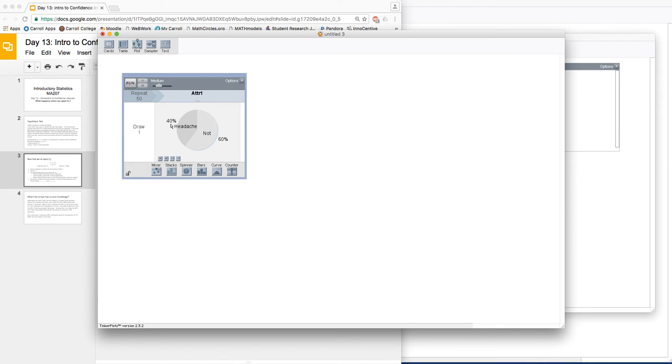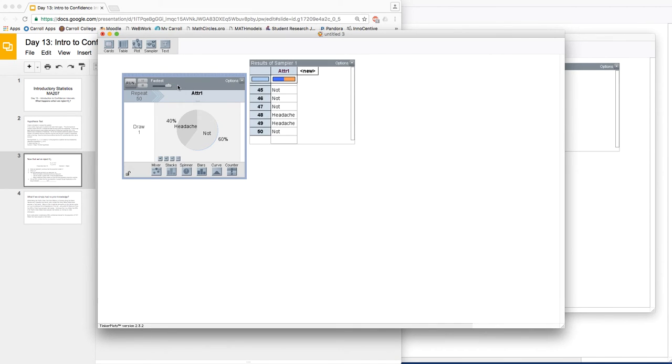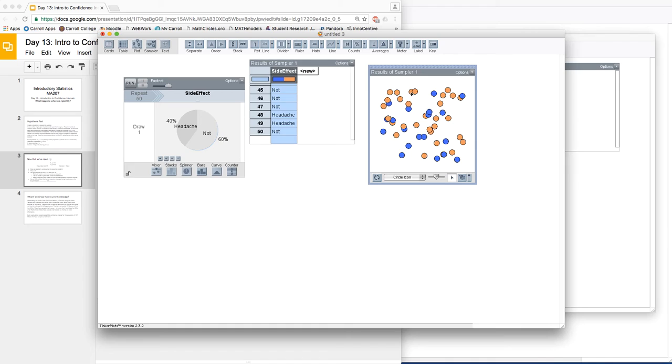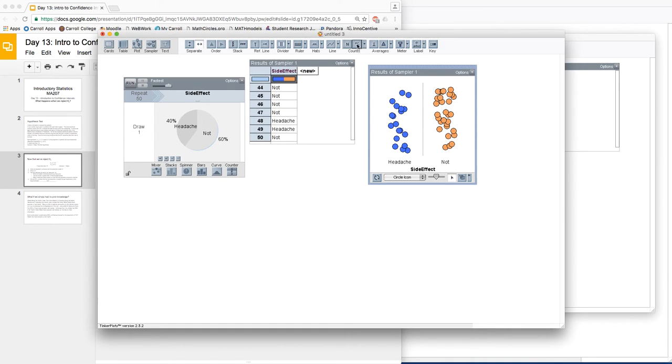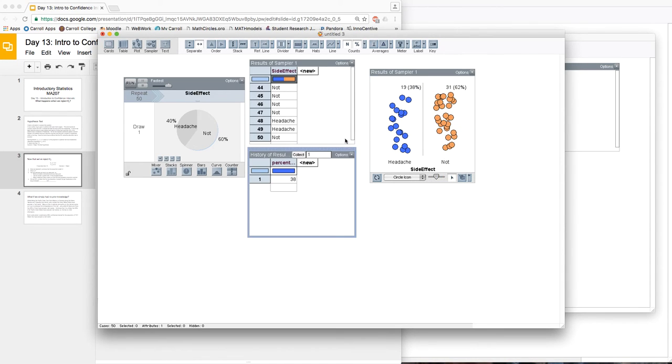We think it could be 40, but we're pretty sure it's not exactly 40. So we're going to run this one, and we're going to run it quickly. There we go. So this is, again, my side effect data. Let's plot it and see what it looks like. So here it is. I'm going to separate it out, count it, and get some percents. Okay, so collect that statistic, and there we go.